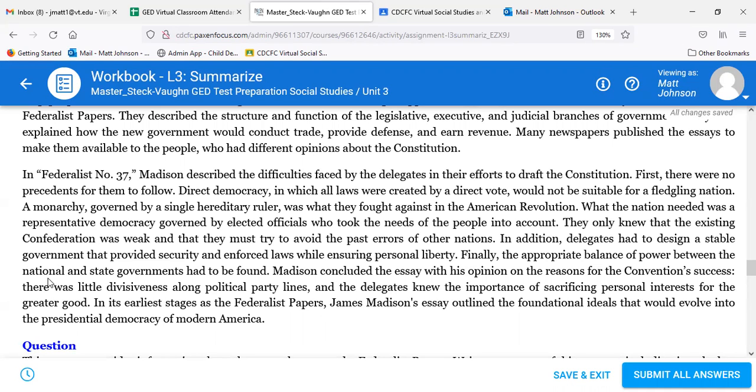To conclude then, the convention succeeded because, as it says here, there was little divisiveness along political party lines. Delegates knew the importance of sacrificing personal interests for the greater good. And in its earliest stages, as the Federalist Papers, James Madison's essay outlined the foundational ideals that would evolve into the presidential democracy of modern America.